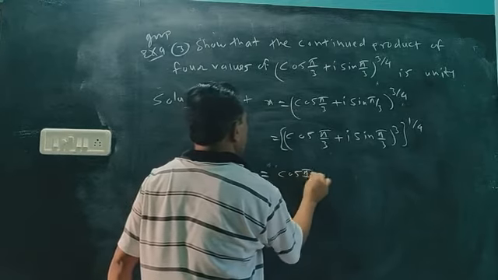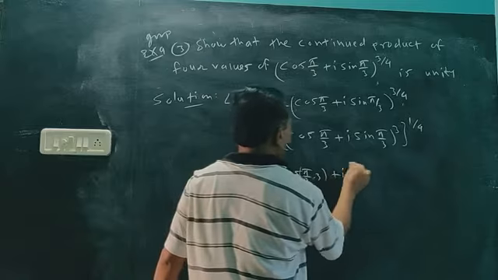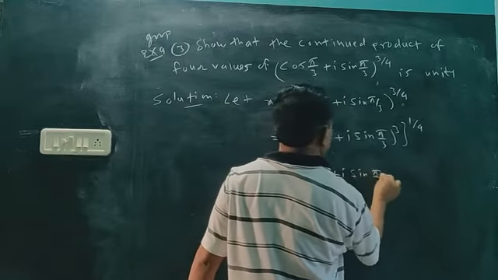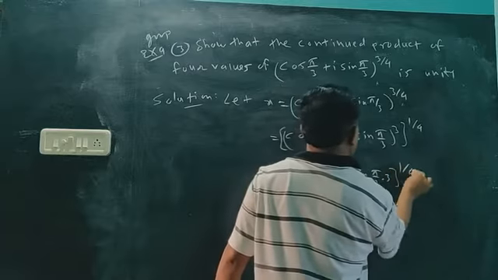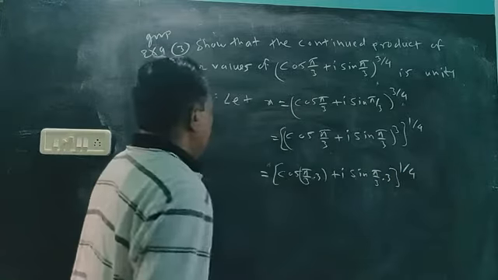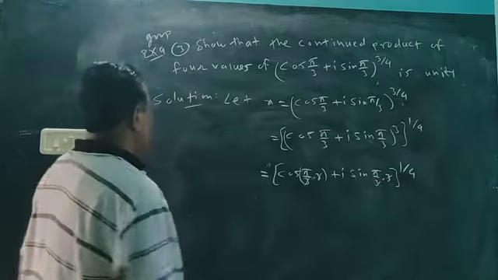So cos of pi by 3 into 3 plus i sin pi by 3 into 3. The 3 cancels, 3 cancels, only pi remains in cos.